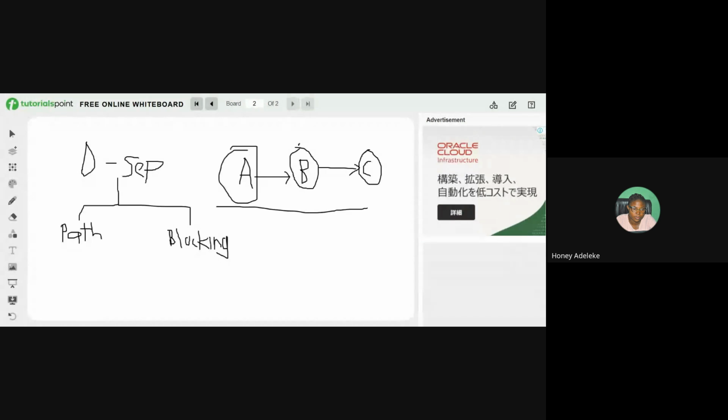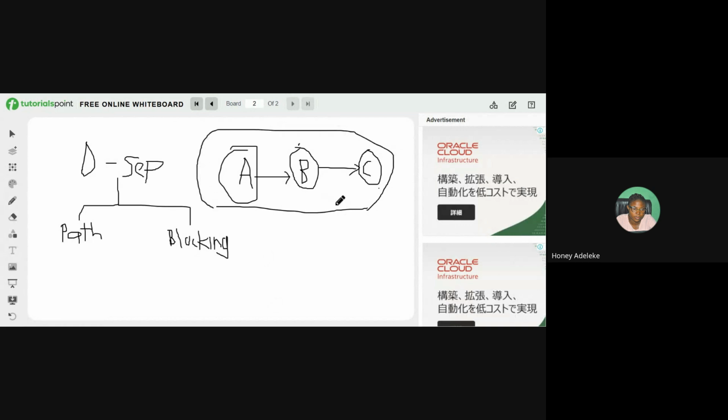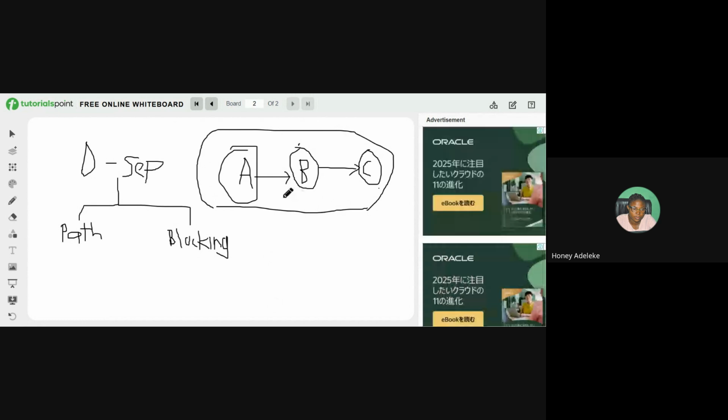Now, when do we have a chain path? This path that I have right now is a chain path. And what does a chain path tell us? A chain path tells us that if this middle, which is B, is known in our path, then the path is blocked.